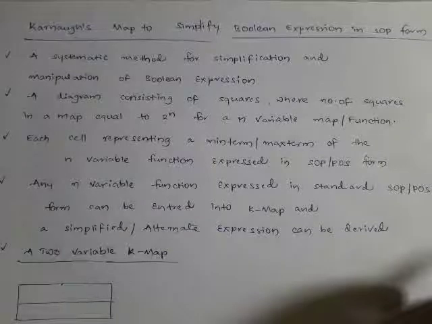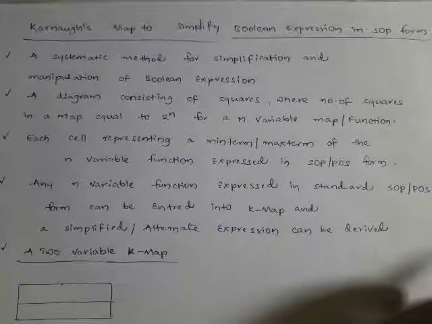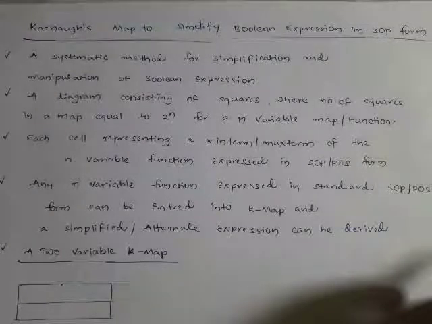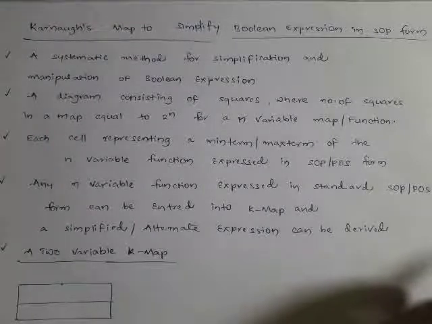So here the Karnaugh map method gives a solution for this and provides a systematic method for simplification, and also to express the Boolean expression in a different form other than what we started with.